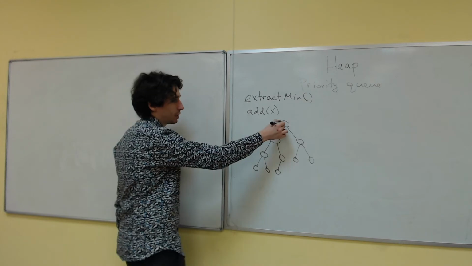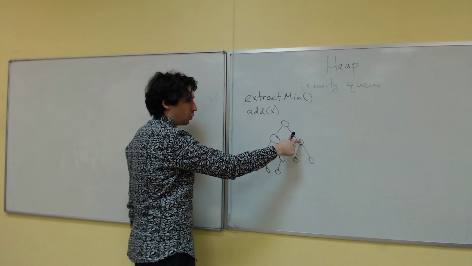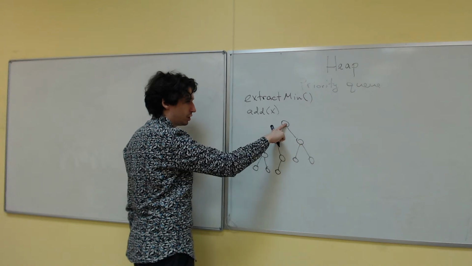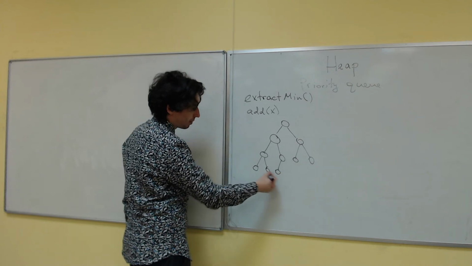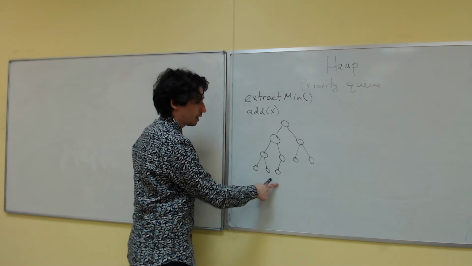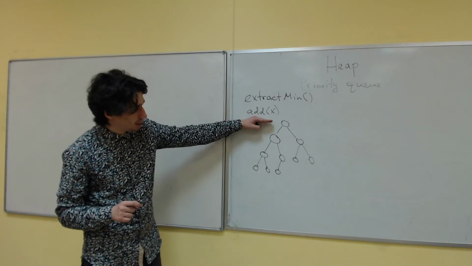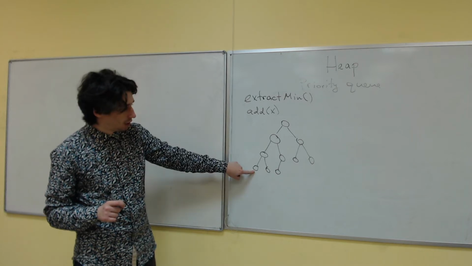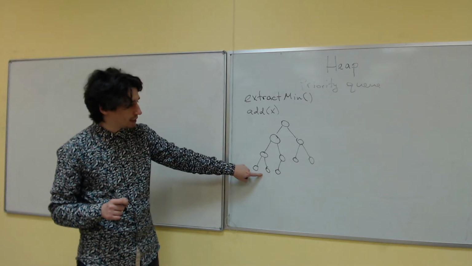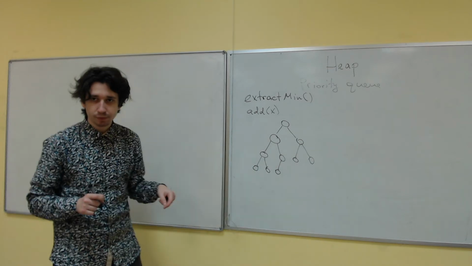At first we add an element here, then with size 2 we have these two elements, and then 3, going from left to right. For example, the number of elements n looks like that: it is a full tree at some point, and then all the rest of the elements are joining the tree from left to right.